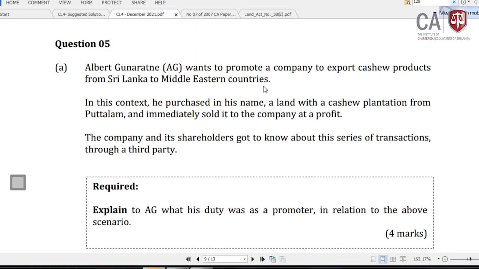The company and its shareholders got to know about this series of transactions through a third party. Explain to AG, that is Albert Gunaratne, what his duty was as a promoter in relation to the above scenario. Okay. Now, who is a promoter?